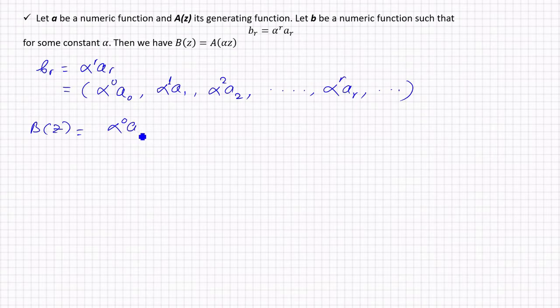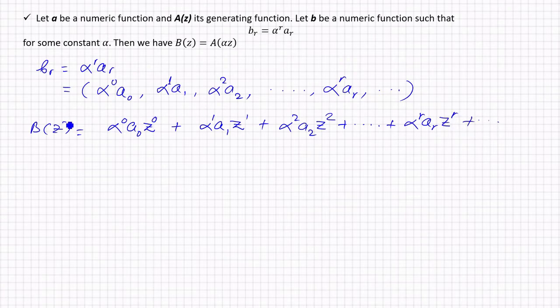alpha to the power 0 a_0 z to the power 0 plus alpha to the power 1 a_1 z to the power 1 plus alpha square a_2 z square plus and so on, alpha to the power r a_r z to the power r and so on.